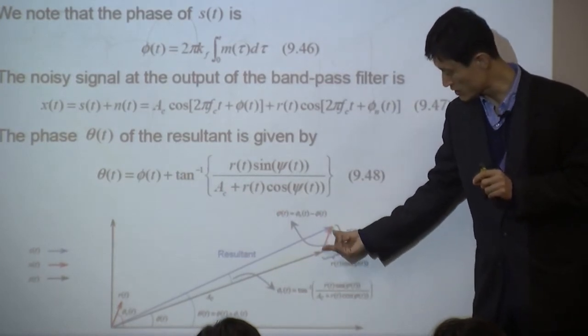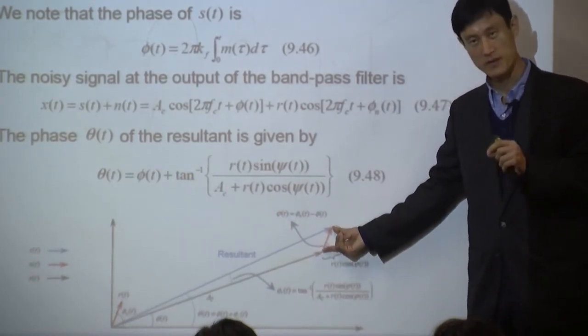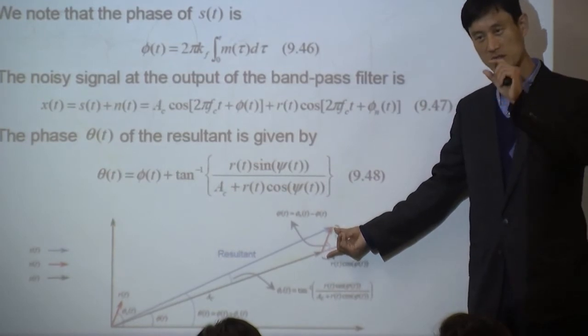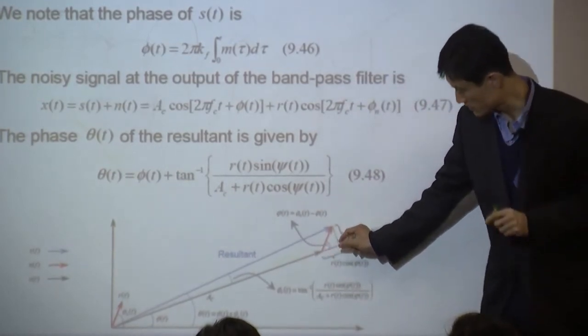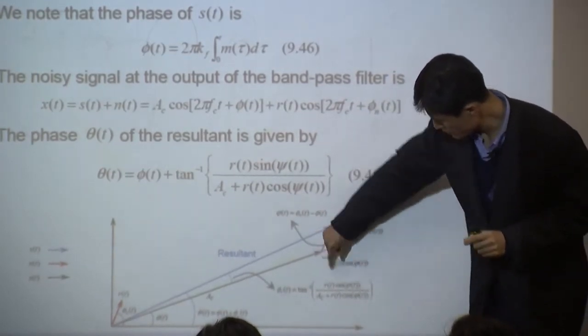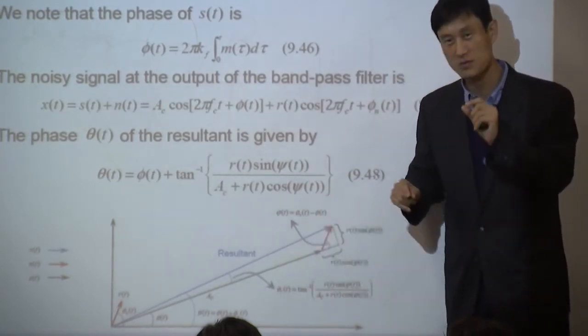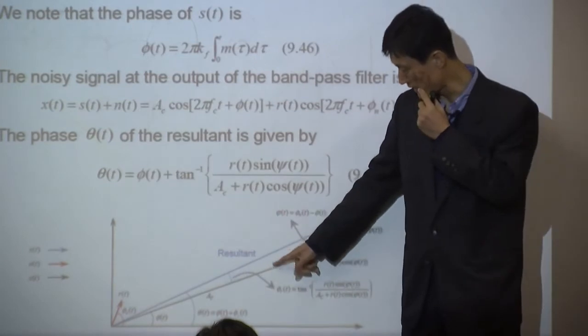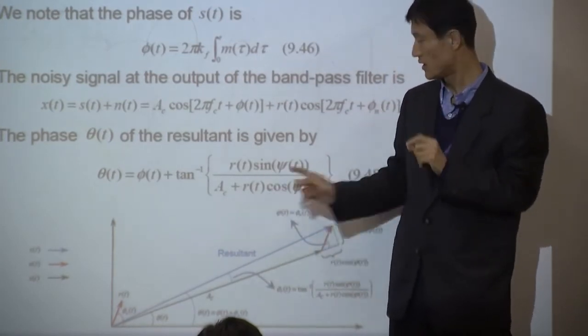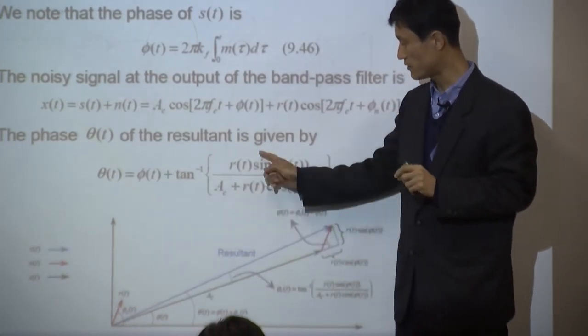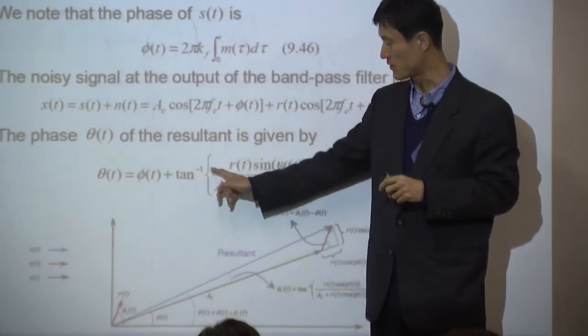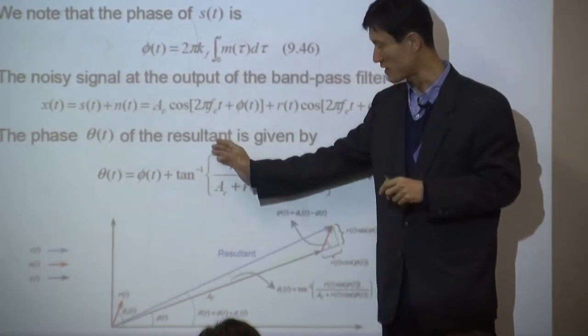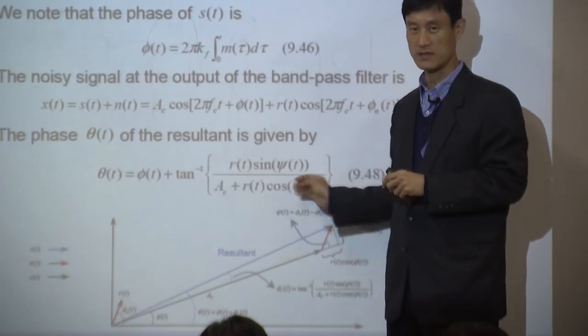Think about this: the red arrow is the noise amplitude, and it is very small. So this angle is typically pretty small. Therefore, we can simplify tangent inverse x as x.